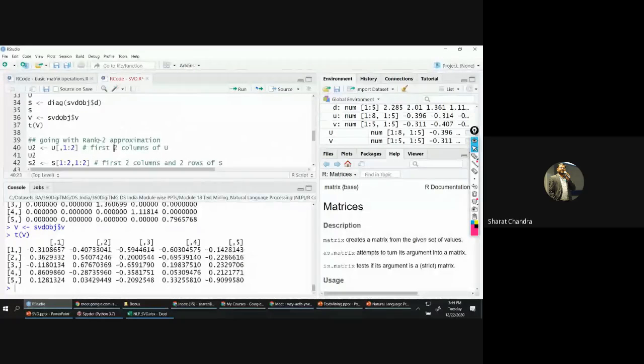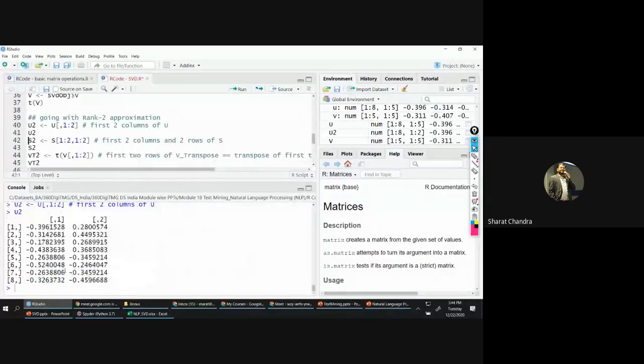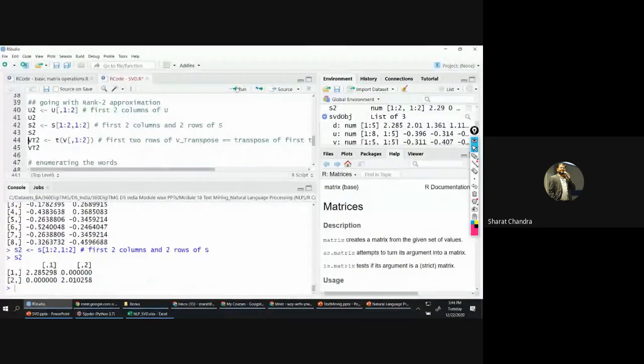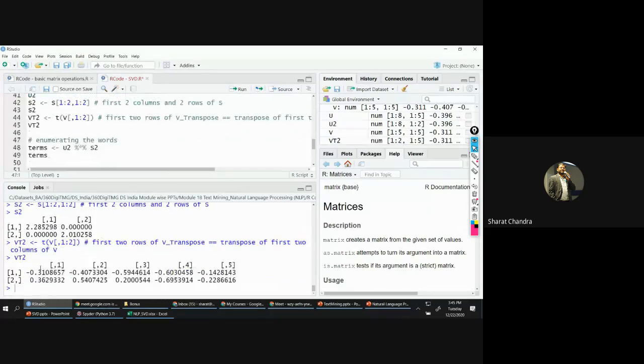Same way, we are doing rank 2 approximation here. So I'll take U2, which will be only the two columns of your U matrix. Then I'm taking diagonal values 2 by 2. That means I only consider these 2 by 2 diagonal values. And in V transpose, I take 2 rows. So I have 2 columns, a 2 by 2 diagonal matrix, and 2 rows.